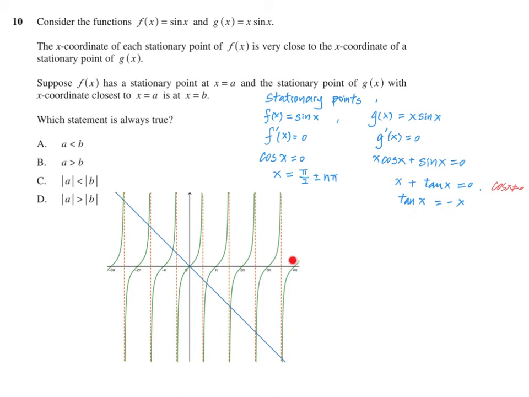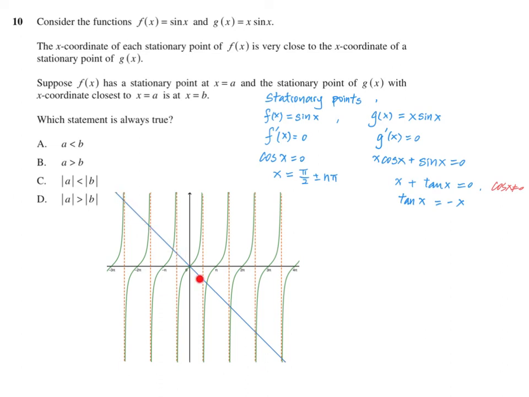Let's try to take a look at this graph. The green line is y equals tangent x. Tangent x is discontinuous at the points of pi over 2, 3 pi over 2, pi over 2 plus 2 pi, and so on. At the negative values of x, tangent x is discontinuous at minus pi over 2, minus 3 pi over 2, and so on.